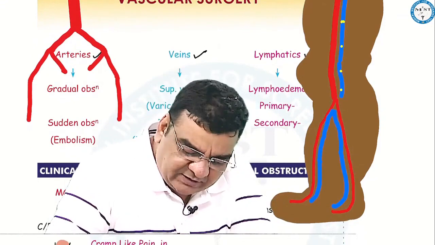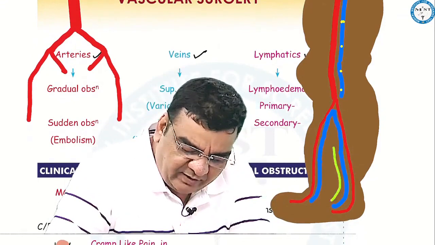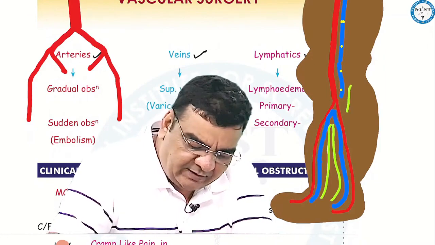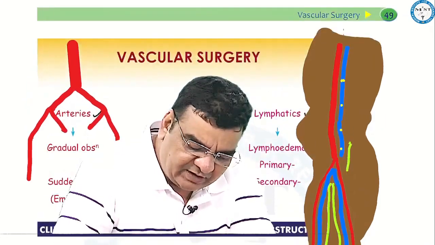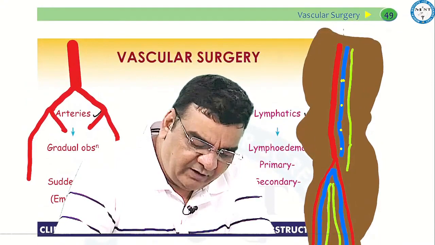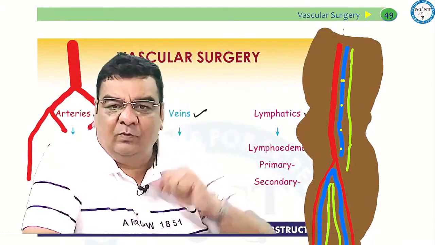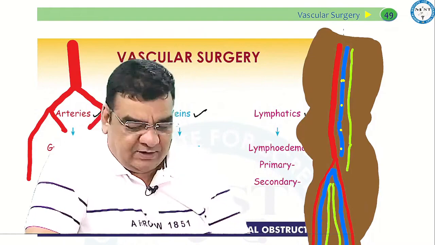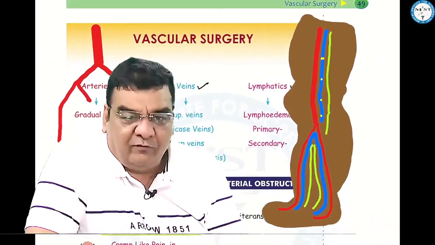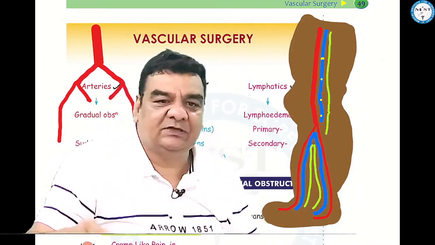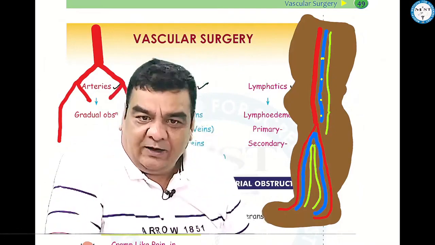These lymphatic channels are draining the interstitial fluid, and they are pouring their lymph into the lymph node, and that is how the lymph is also moving upwards.